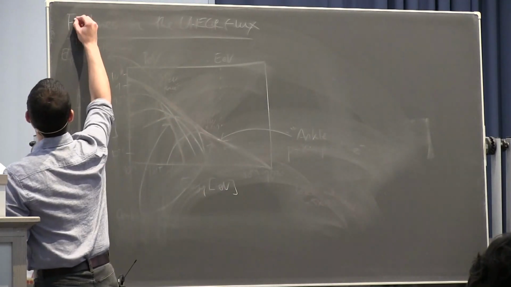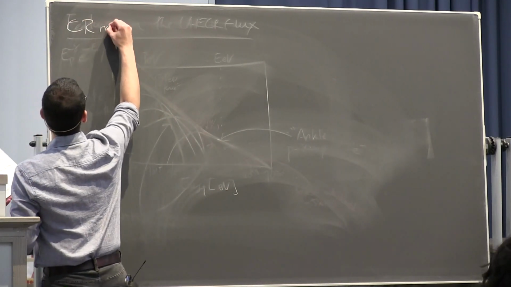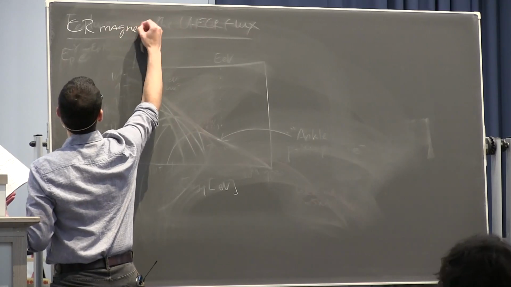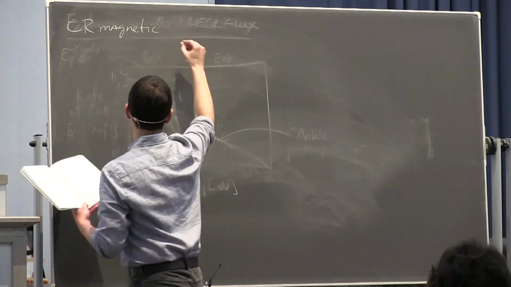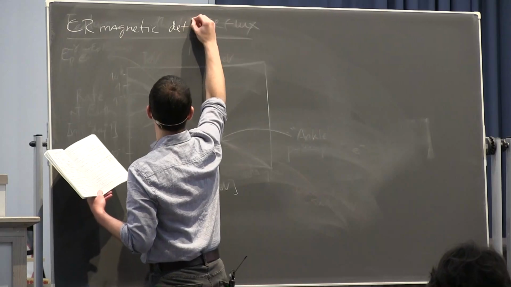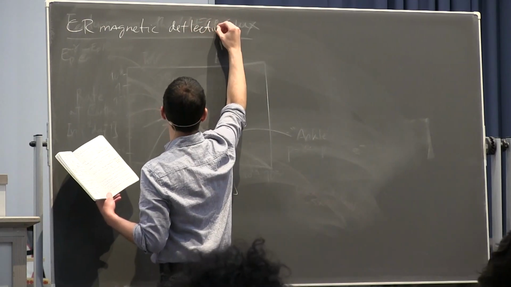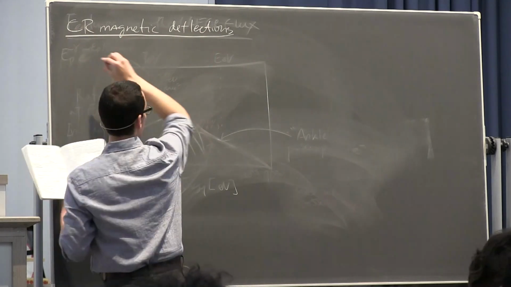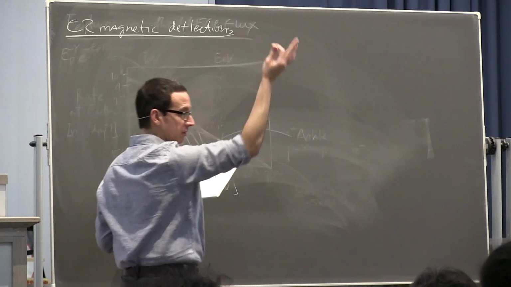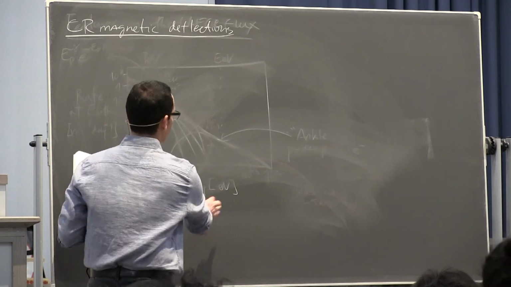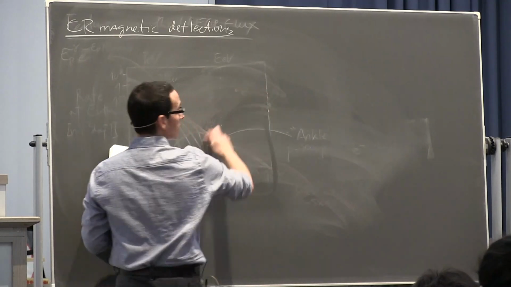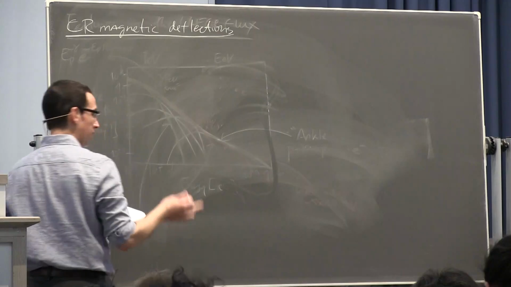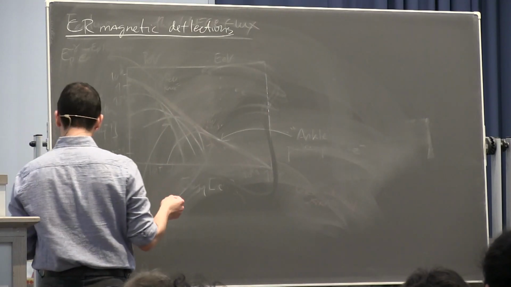And that is cosmic ray magnetic deflections. So I've been saying repeatedly that one of the reasons we cannot find the sources of ultra-high energy cosmic rays, which are supposedly extragalactic cosmic accelerators, is because the cosmic rays are bent as they travel to us, and then we cannot use them to pinpoint their sources.